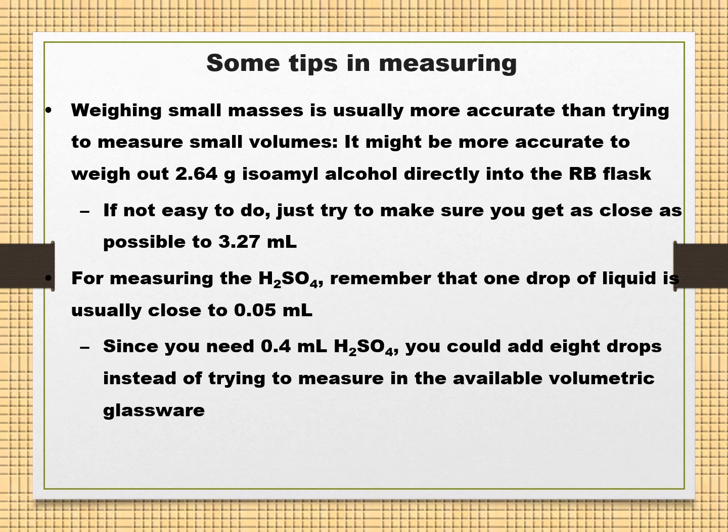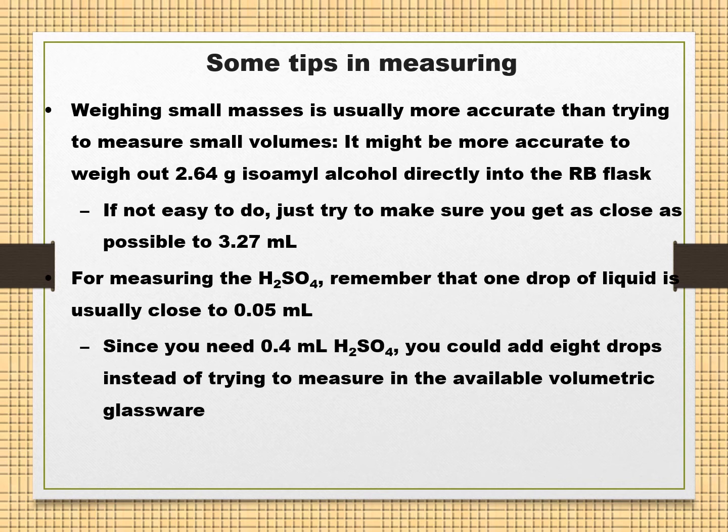So in measuring the acids or the alcohol, if it is possible, weighing is easier and more accurate than measuring volume, because when we measure volume we have to worry about the meniscus.